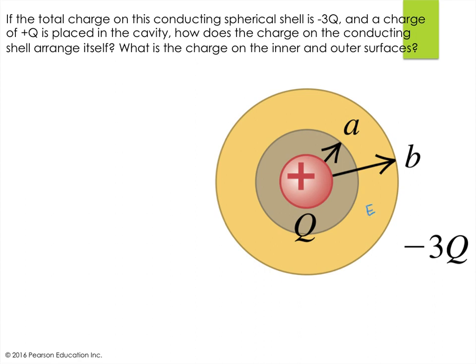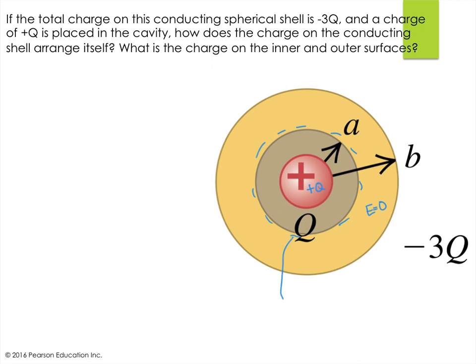If the electric field here is 0, how does charge arrange itself in the conductor? So what happened is if this was plus Q, then we have to have negative charge build up on this inner surface to keep the total electric field 0 within the conductor.